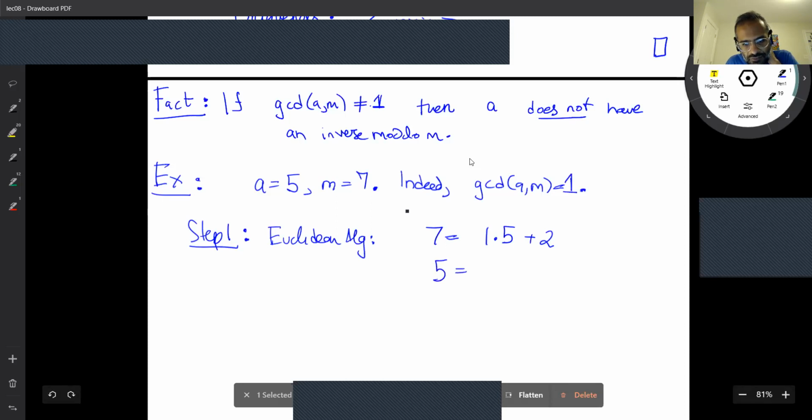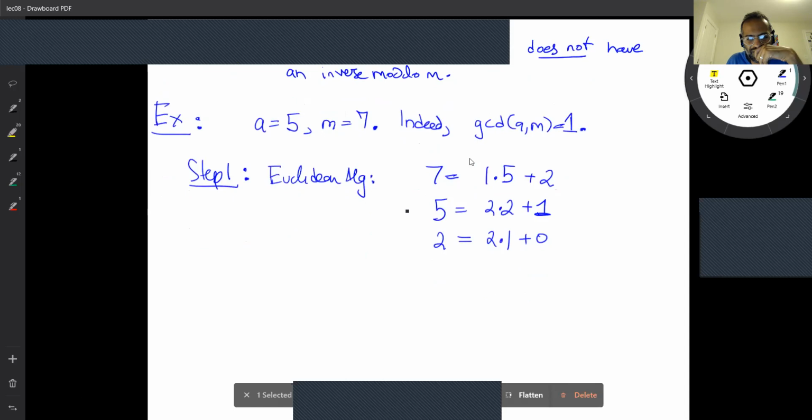So 5 is equal to 2 times 2 plus 1. And then 2 is equal to 2 times 1 plus 0. Okay, so what does that mean? Well, it means the GCD is 1, right? Because that's the last remainder before I stopped.